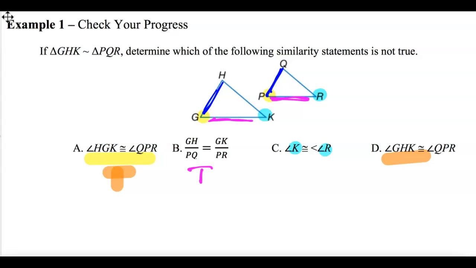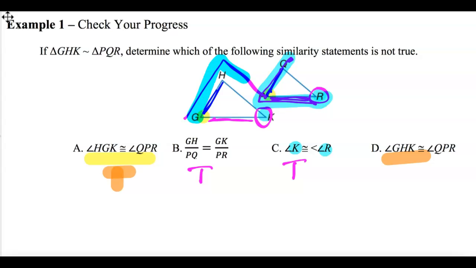We have that these angles here are congruent. That is also true. And the last one, they're saying GHK, so that's this angle here, is congruent to QPR. So obviously you can see that even when I draw those in, the angles are not even in the same direction. So that would be the one that is false.